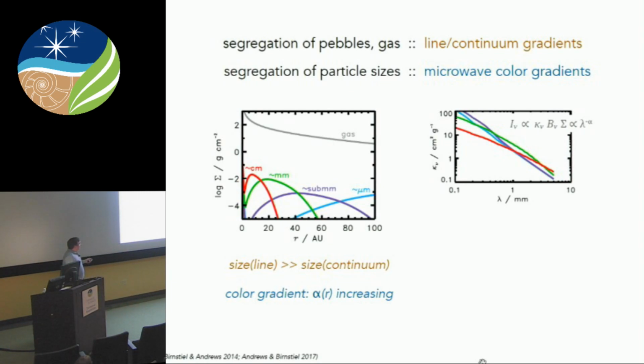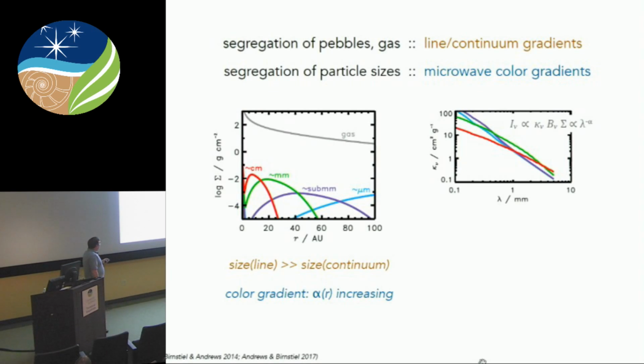So the spectral dependence of the emission is dictated by the emissivity of the particles, which is related to the size distribution of the particles. And because these emissivity spectra are roughly power laws, we expect the surface brightness to vary with wavelength as something like 1 over lambda to some power, alpha.